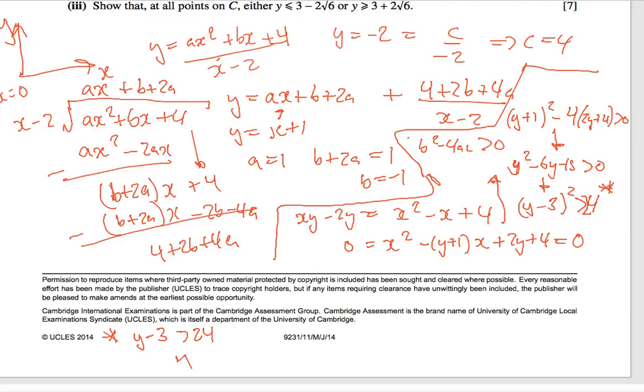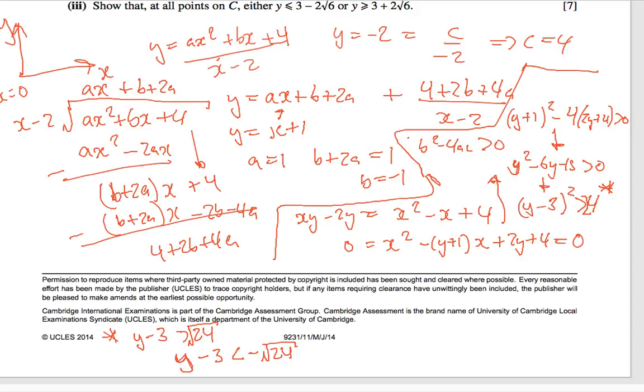I don't like to think of the less than symbol as less than. I like to think of it as more negative. So either it's more positive than the square root of 24, or it's more negative than minus the square root of 24. That's what's going to give you an answer that makes that bigger than 24, okay?